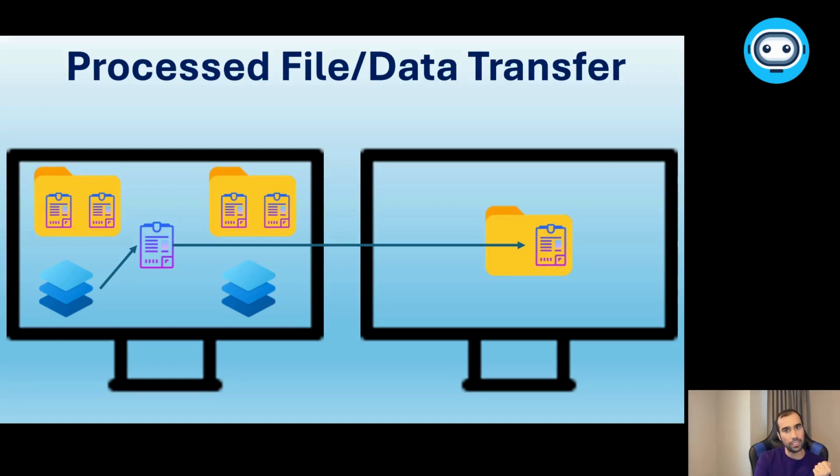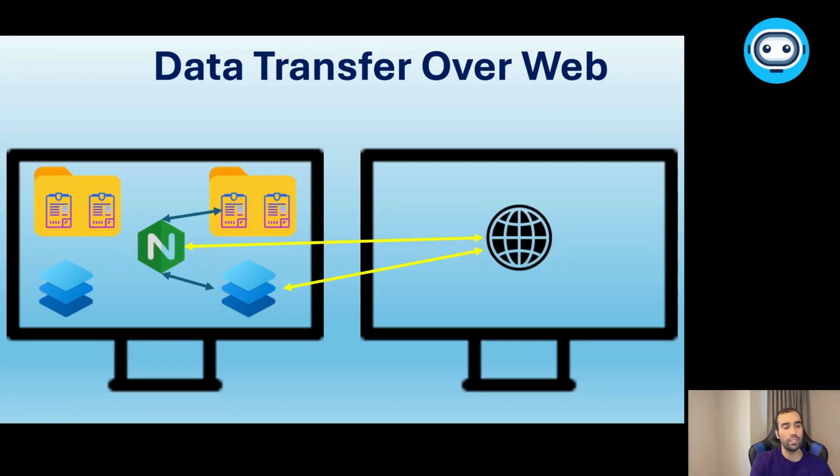Behind the scenes, this Photoshop is like a backend service, like an API service, that further processes the request, and then the file is sent to my friend. This is option 2, or function 2, of Nginx or a web server, when it acts as a reverse proxy. So now let's talk about how this data transfer actually happens over the web.